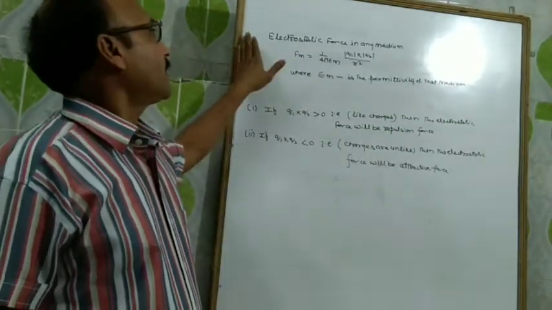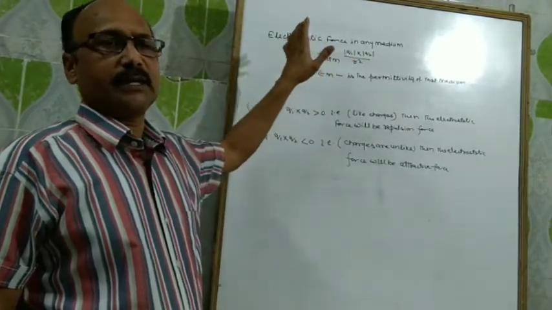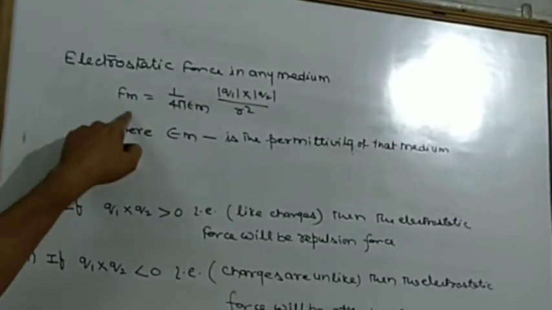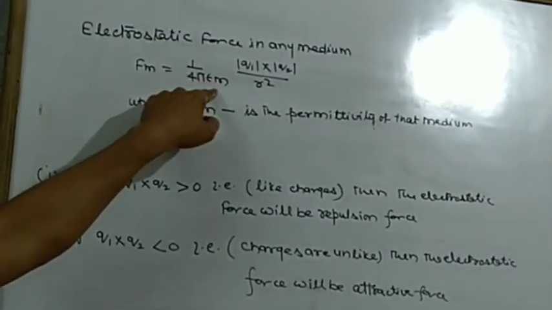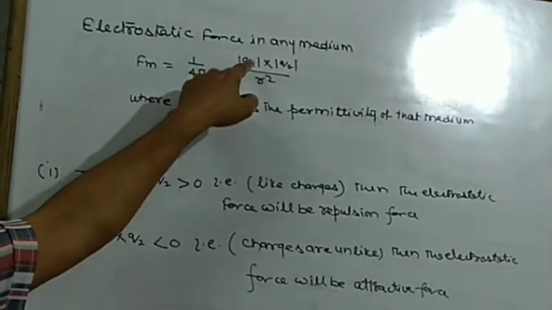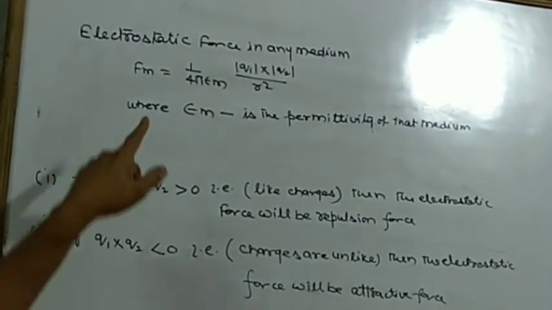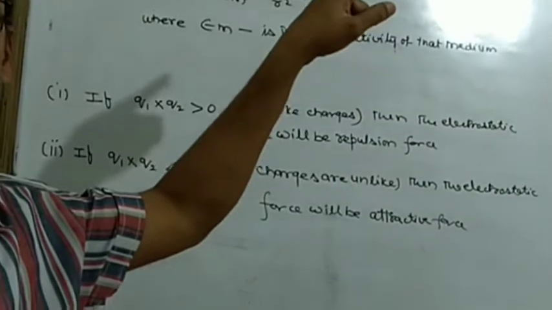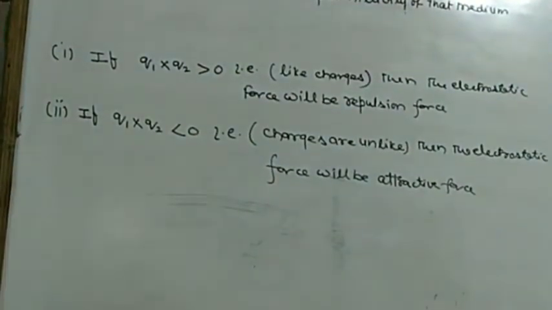If you are taking any medium between the point charges, at that time the electrostatic force between them will be 1 upon 4 pi epsilon m, product of magnitude of Q1 and Q2 upon r square, where epsilon m is the permittivity of that medium which is used in between the 2-point charges at rest.